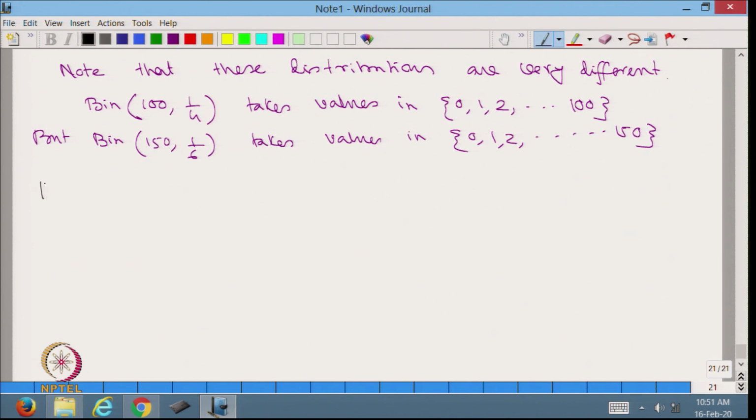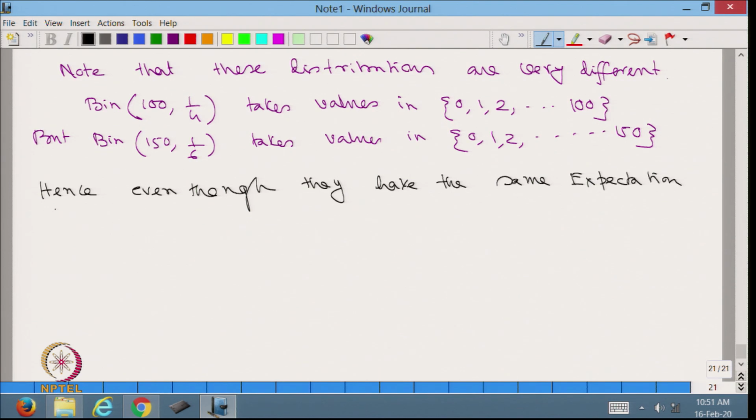Hence, even though they have the same expectation, we need additional properties to differentiate between them.